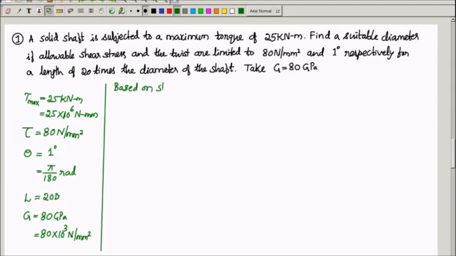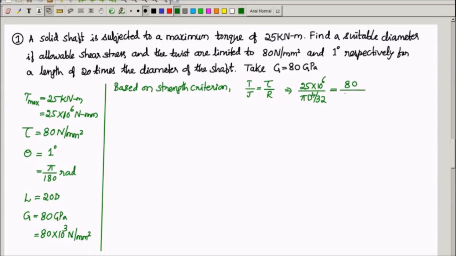Based on strength criterion, we know that T by J is equal to tau by R. T is what? 25 into 10 power 6 divided by J is, for solid shaft, it will be pi d to the power 4 by 32. This is equal to tau. Limiting value of tau is given. It is 80 Newton per mm square.